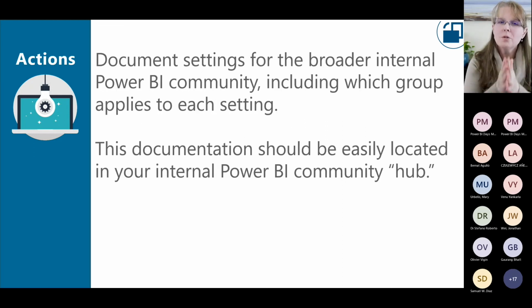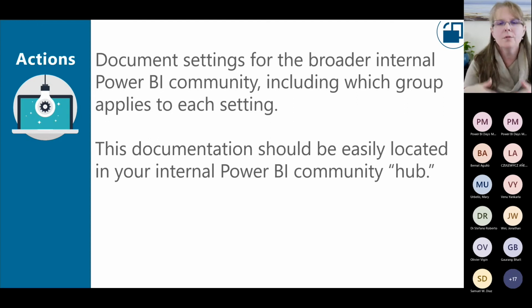What we also want to do, this one's really important, we want to document those settings for our internal community. What is the setting? Why can you or can you not do that? And if you want to be able to do it, what group do you ask for to be in? And that goes in your community hub. So then when somebody is frustrated about, why can't I, for instance, push an app to my end users and then automatically install it for them, they can see that, oh, okay, I got to be in such and such group.